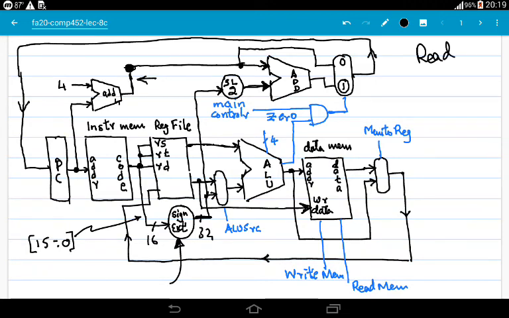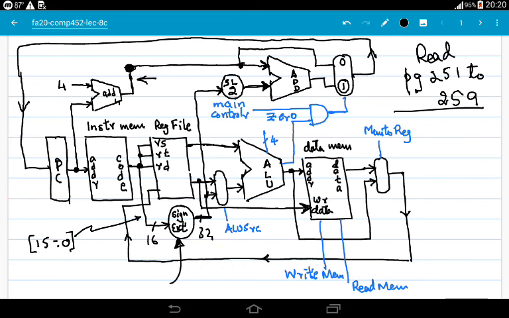Read page 251 to 259. This contains a full discussion of the data path with several examples.